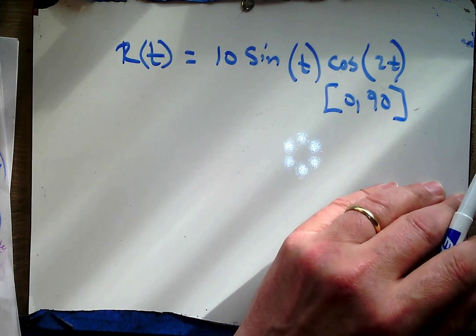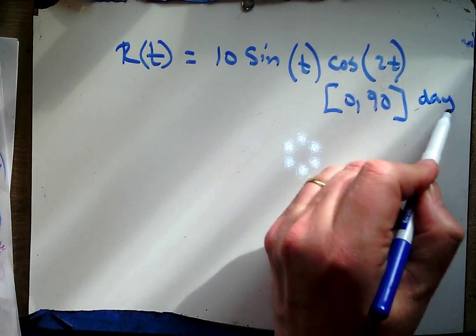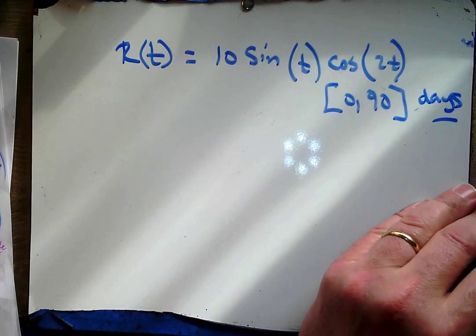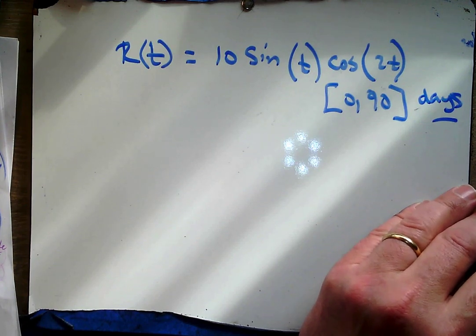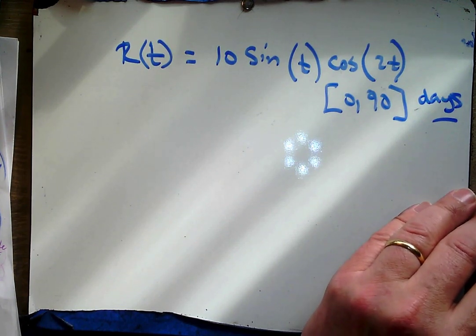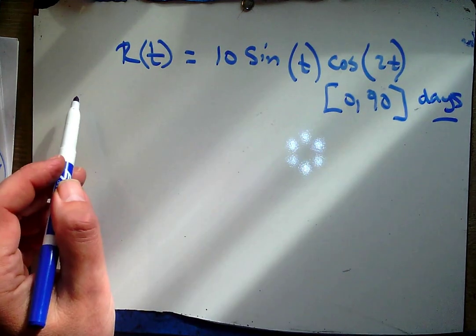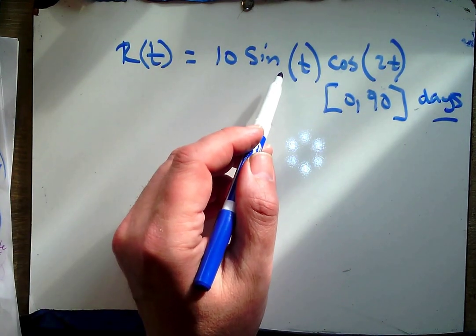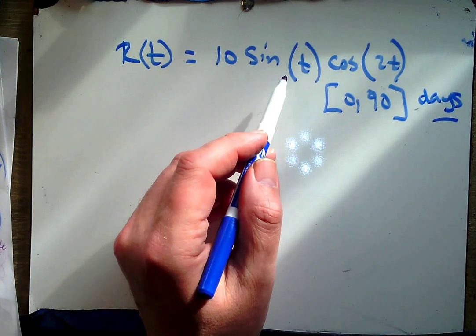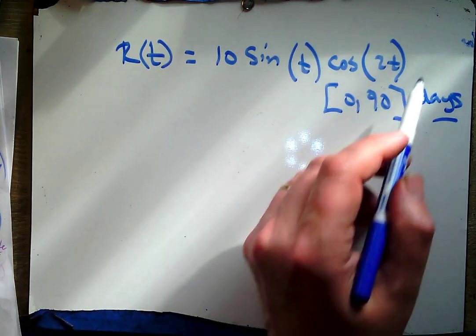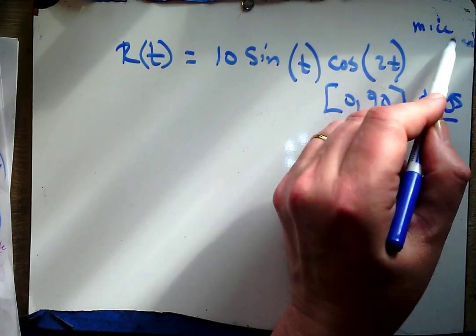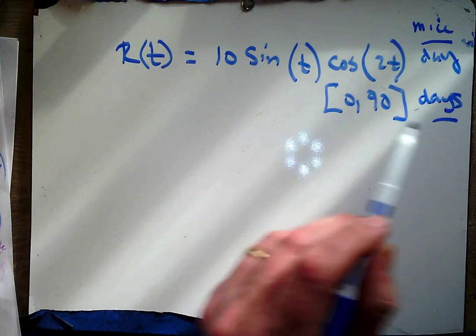These are days. And at t equals 5, there are 40 mice. So this must be mice per day because it's a rate.